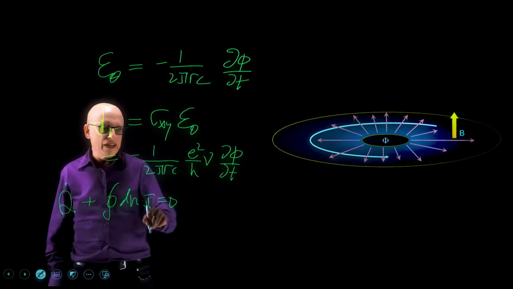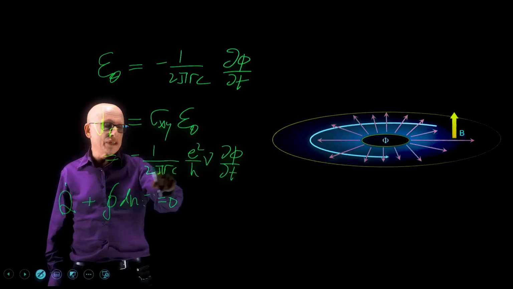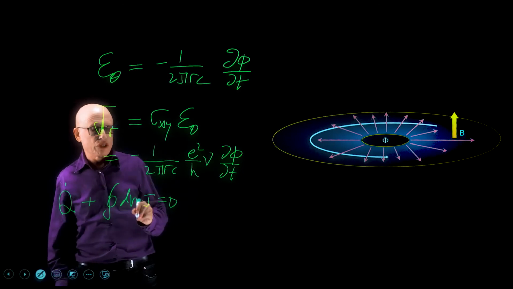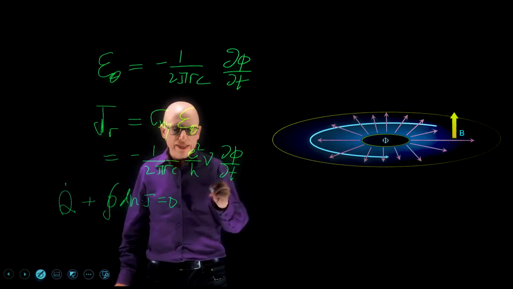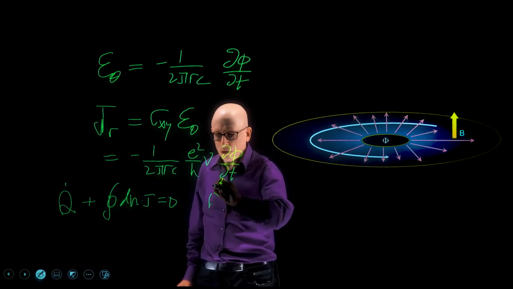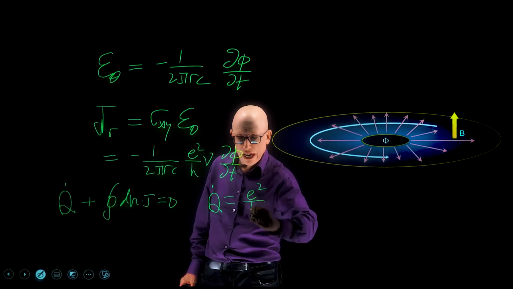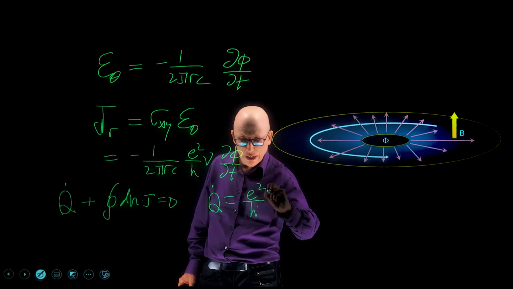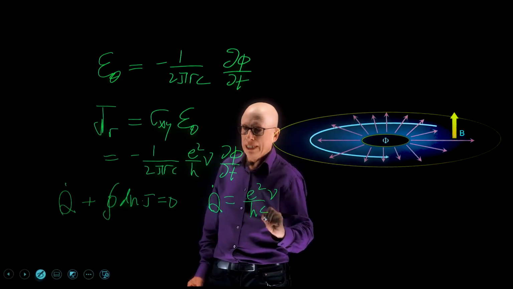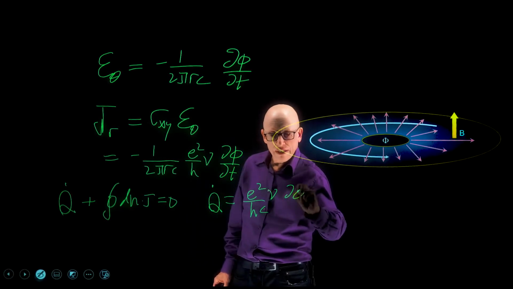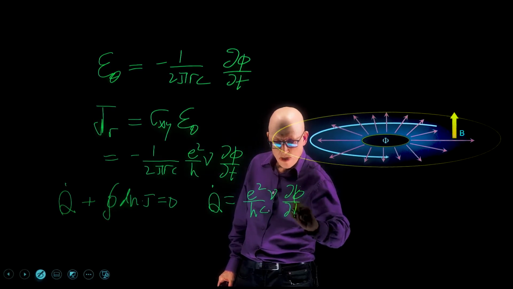Now, this integral along a circle would cancel this factor of 1 over 2 pi r, and this integral will come out Q dot equals e squared over h times nu divided by c, d phi over dt.